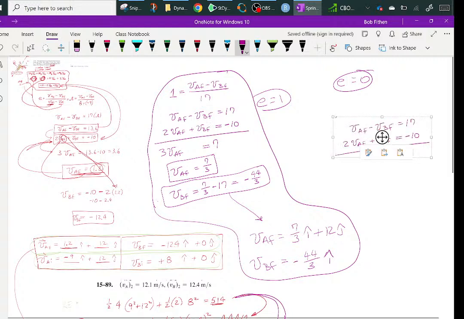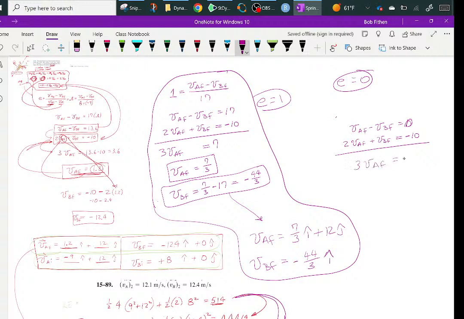But this time, I'll put over here a big fat 0. I'll add that together. 3 VAF is equal to minus 10. So VAF is equal to minus 10 over 3. And then guess what? VBF is equal to minus 10 over 3.